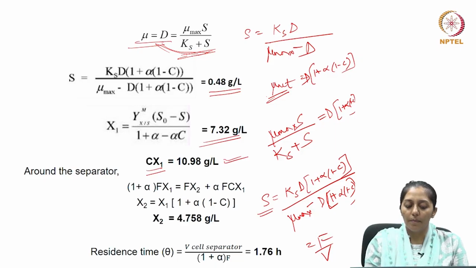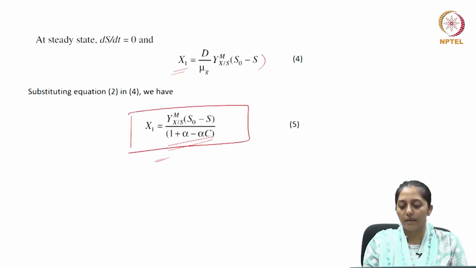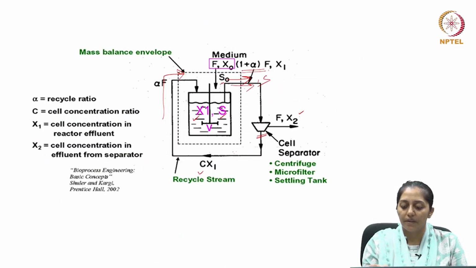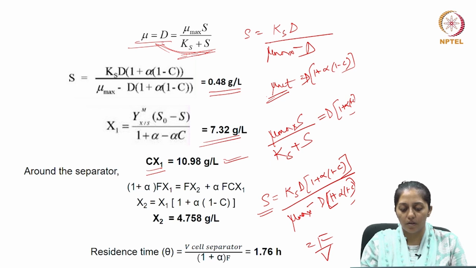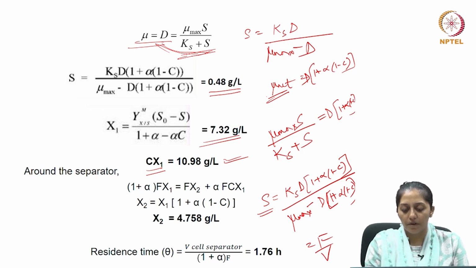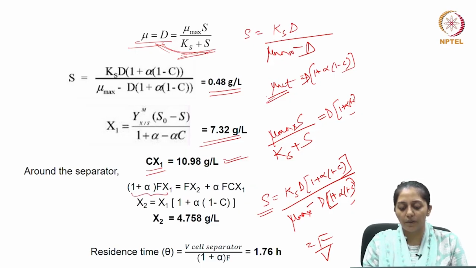Now, let us do a mass balance across the cell separator for biomass. So, if this is the cell separating device, the mass balance across the separator would reveal (1 plus alpha) F times x1. This is nothing but the rate at which the biomass is coming into the separator.